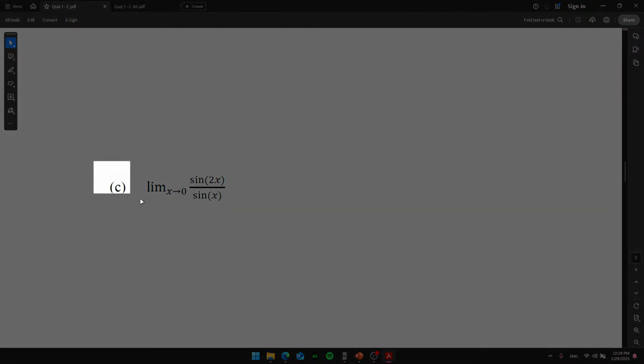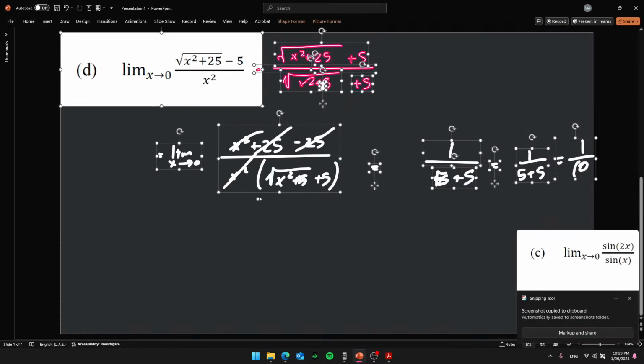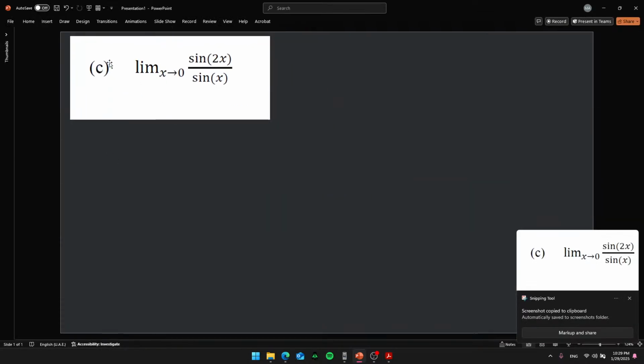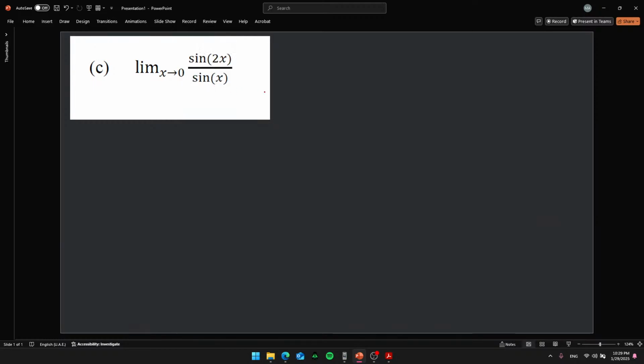Okay, this one. As I told you, you can't just say 2 over 1. You have to justify your answer. Limit as x approaches 0 of sine 2x over x.